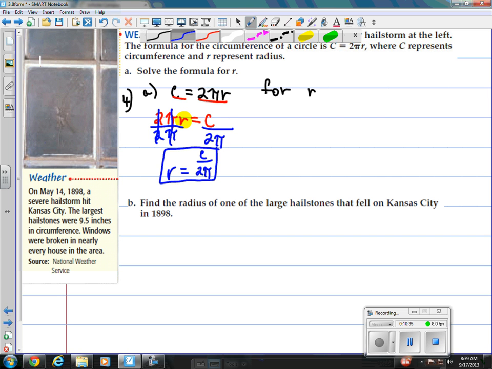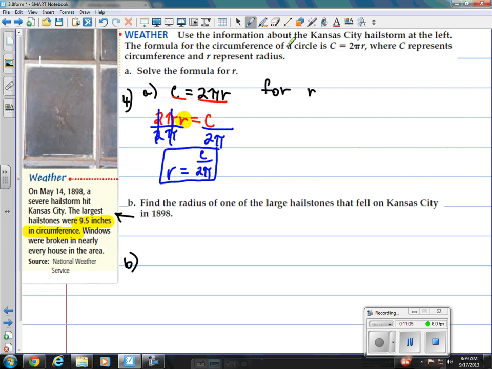Okay, now part B. It says to find the radius of one of the large hailstones that fell on Kansas City in 1898. So that refers us over here to this reading. And it says on May 14th, 1898, a severe hailstorm hit Kansas City. The largest hailstones were 9.5 inches in circumference.